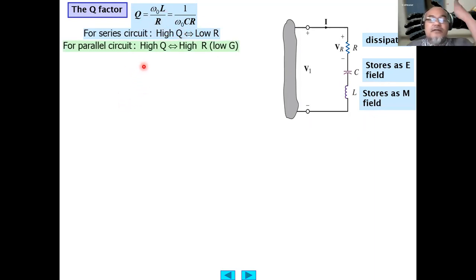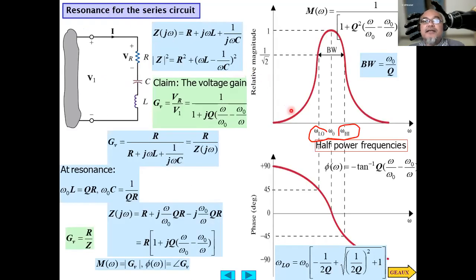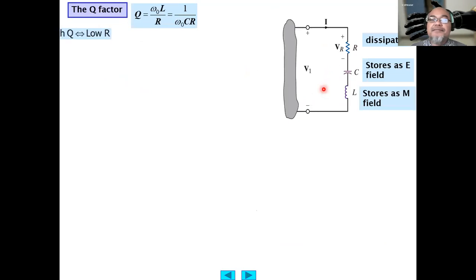For a parallel circuit, on the other hand, high Q can be obtained when the resistor has a high value, or low conductance. With high quality factor, we will have small bandwidth, as explained in the previous slide. When the quality factor is very high, we have a very small, or very sharp, bandwidth.